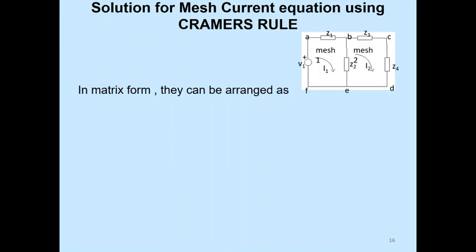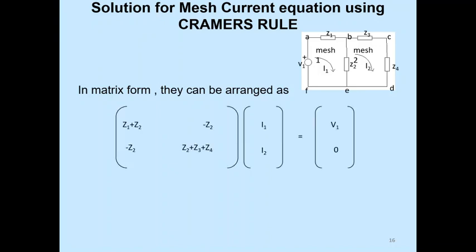These two mesh equations we can arrange into a matrix form. In the first row, Z1 plus Z2, minus Z2, and in the second row, minus Z2, Z2 plus Z3 plus Z4. This is the impedance matrix, into the current matrix I1, I2, equal to V1, 0, the voltage matrix.